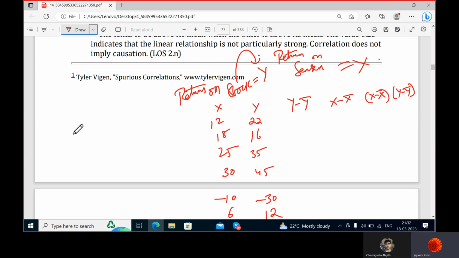So take out the average, and also take the deviations and tell me the values.